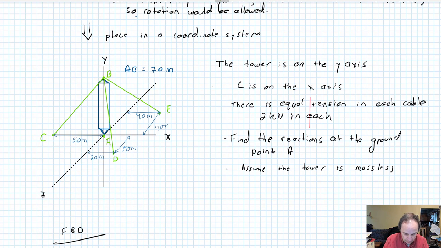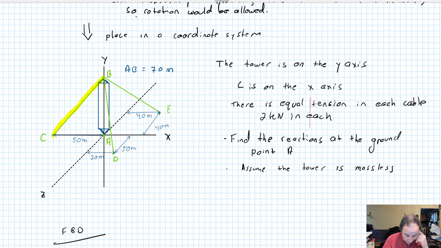And we arranged the XZ plane so that one of the three support wires holding it up is along the x-axis. That's BC, just to make things a little bit easier. And then we have two other wires, BE and BD.